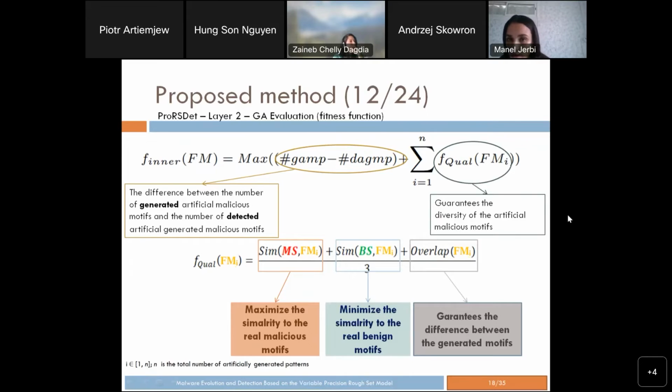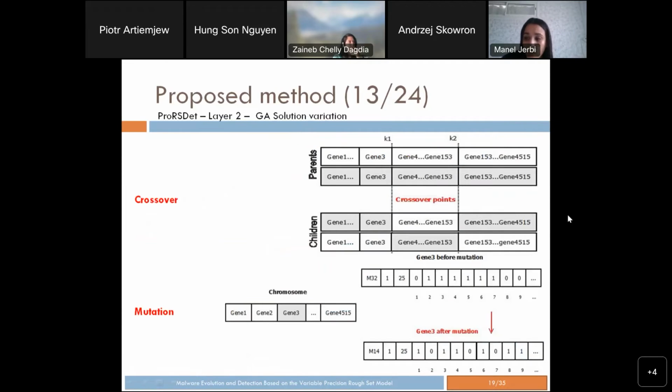And the second one guarantees the diversity of the artificial malicious motives. The crossover operator can be applied on parents having the same label, and the mutation operator is applied to the selected chromosome to maintain the genetic diversity.